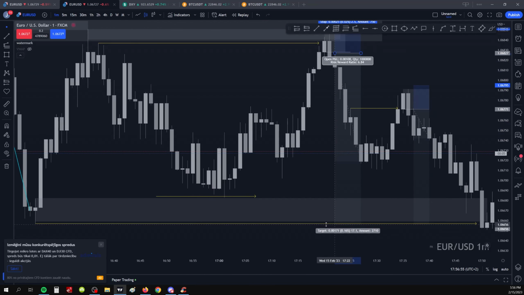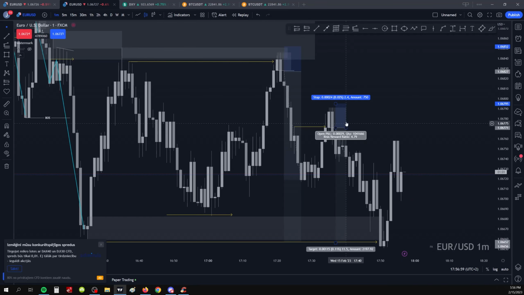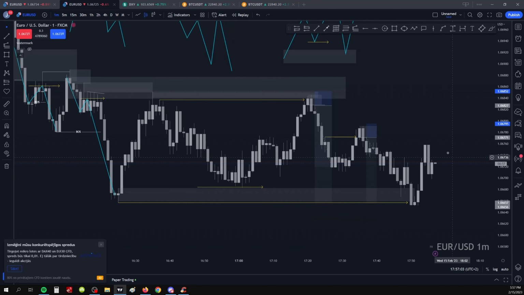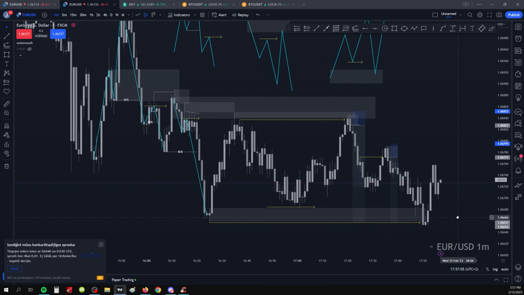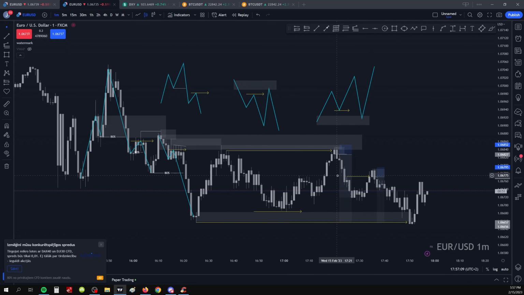And target the low. So we could have had two good entries. Both are 6 and 5 RR.